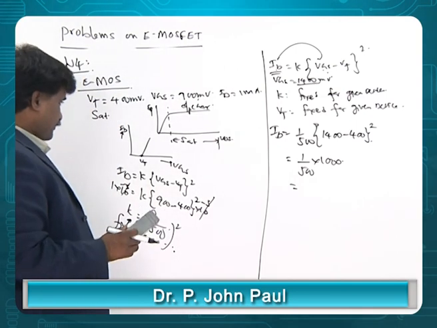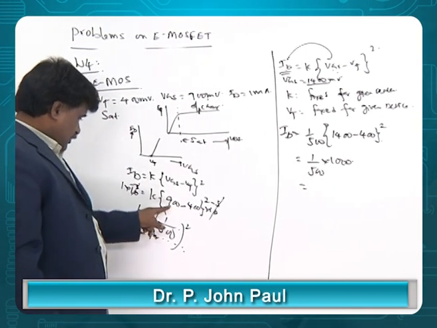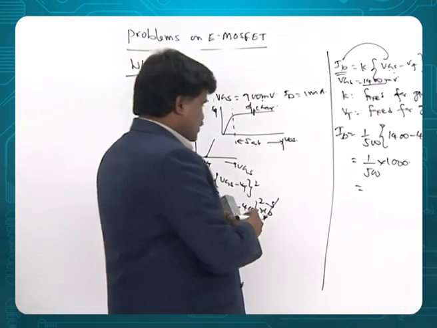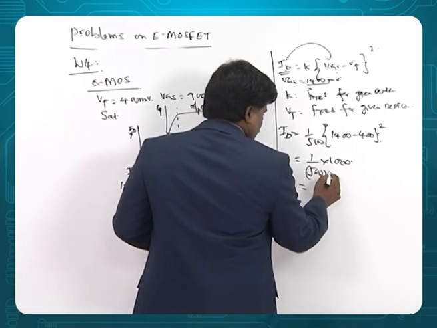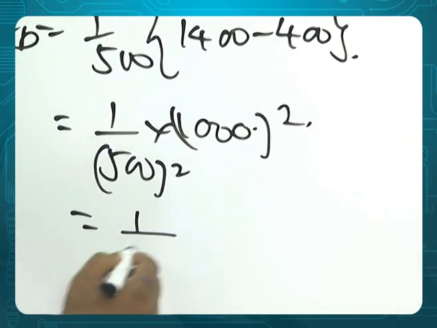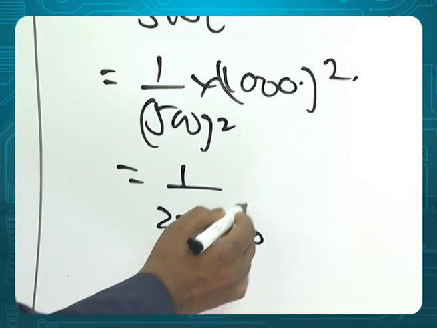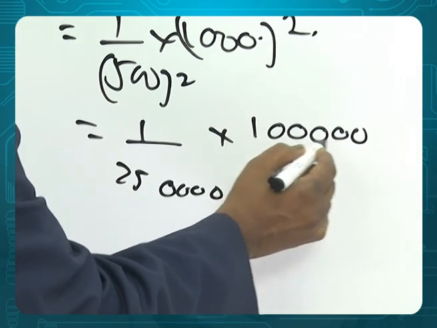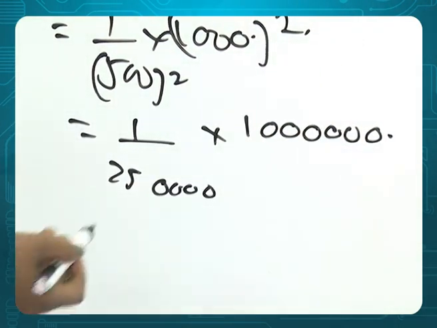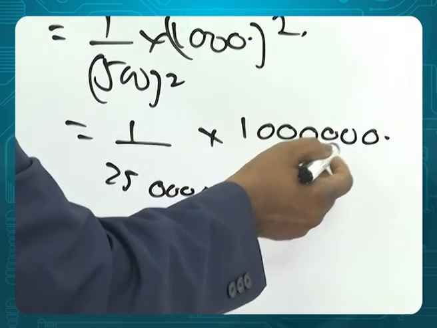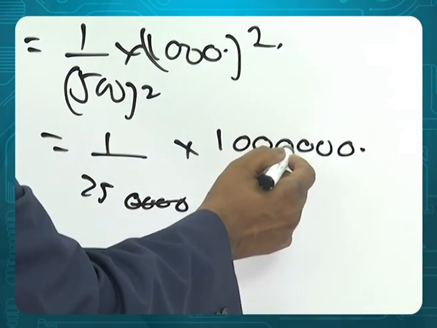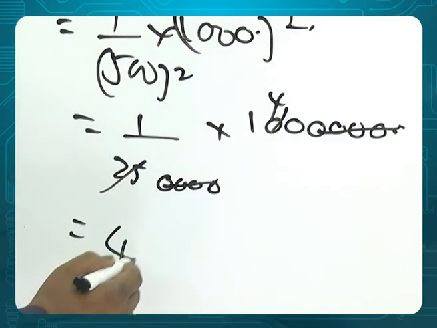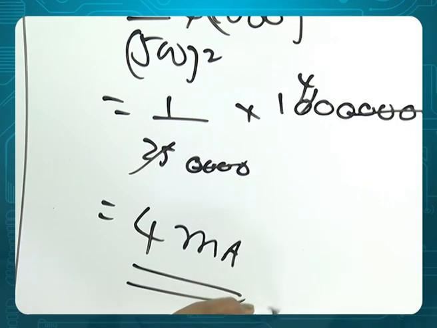Don't forget about it. Why? Because 900 minus 400, 500 square. So if I say square here and square here, 1 by 25, 4 zeros and 6 zeros. Very simple. Because 1000. So 4 zeros and 4 zeros cancel. 25 and this. So this is 4 milliamperes.